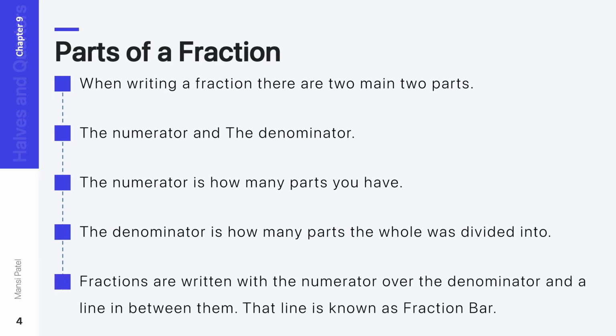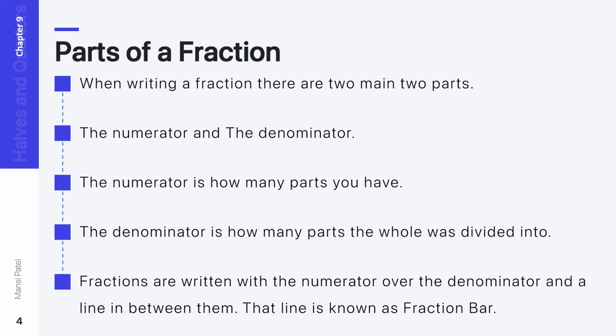Now, when we write down the fraction with the help of numerator and denominator, where do we write the numerator and where do we write the denominator? The fractions are written with the numerator over the denominator. In a fraction we first write the numerator, and below that we write the denominator.